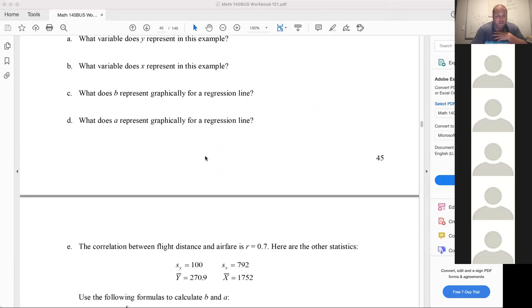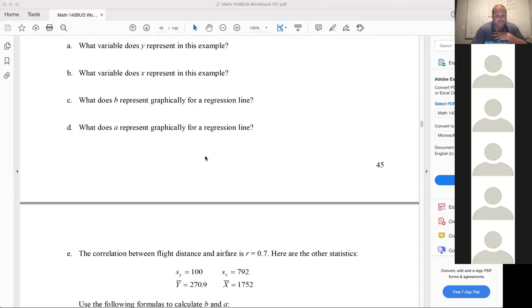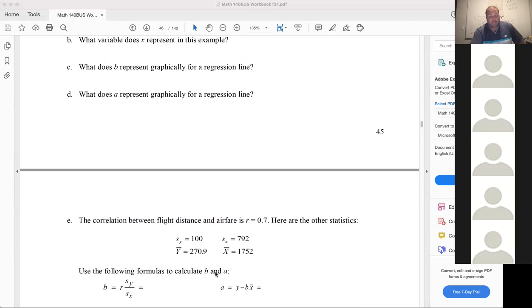E. The correlation between flight distance and airfare was 0.7. We calculated that. Here are some other statistics: SY, SX, X bar, and Y bar. It says use the following formulas to calculate B and A. So if we have R is 0.7, SY is 100, and SX is 792, we should have no problem plugging it into this formula to calculate B. 0.7 times 100 divided by 792 is 0.09.